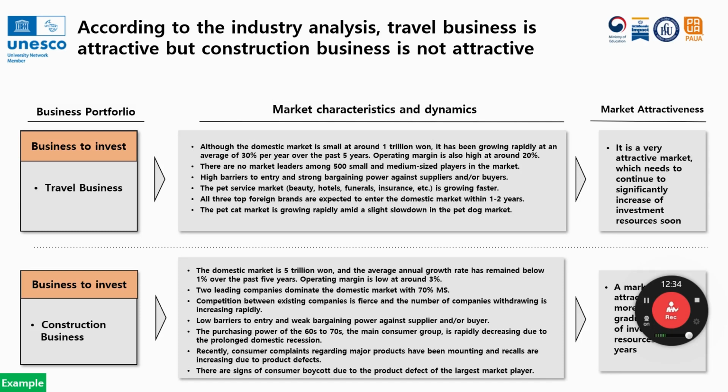Let me remind you of each of the four different analyses we have already covered in the past classes. Okay, the final outcome of the industry analysis might look like this slide.